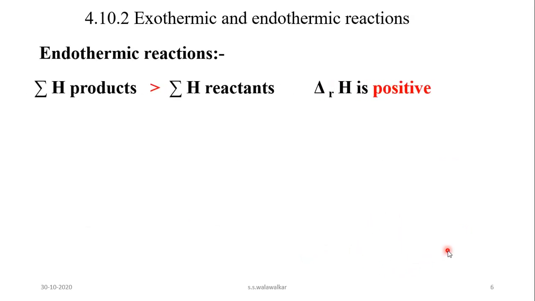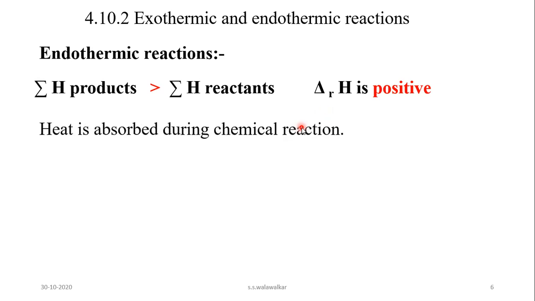Now when the enthalpy of the chemical reaction is positive, that means total enthalpy of products is greater than total enthalpy of reactants, then the sign of delta HR is positive, and in such a reaction heat is absorbed during the reaction.